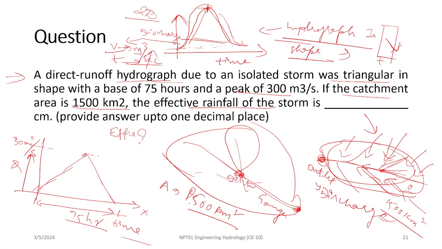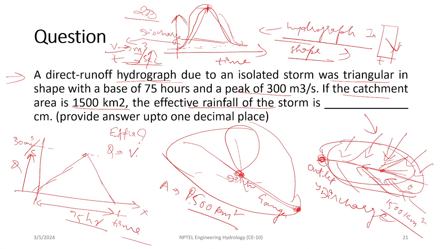So there is nothing serious in this question. We know that Q is given, so what do we understand by Q?